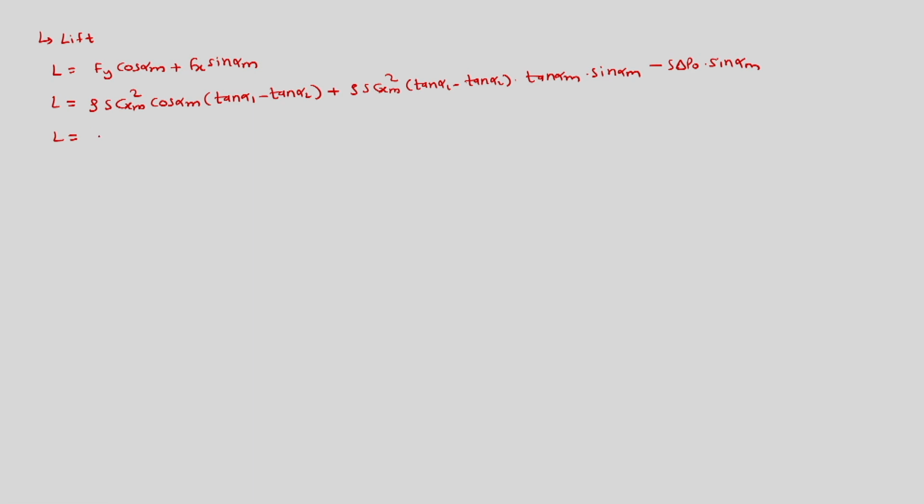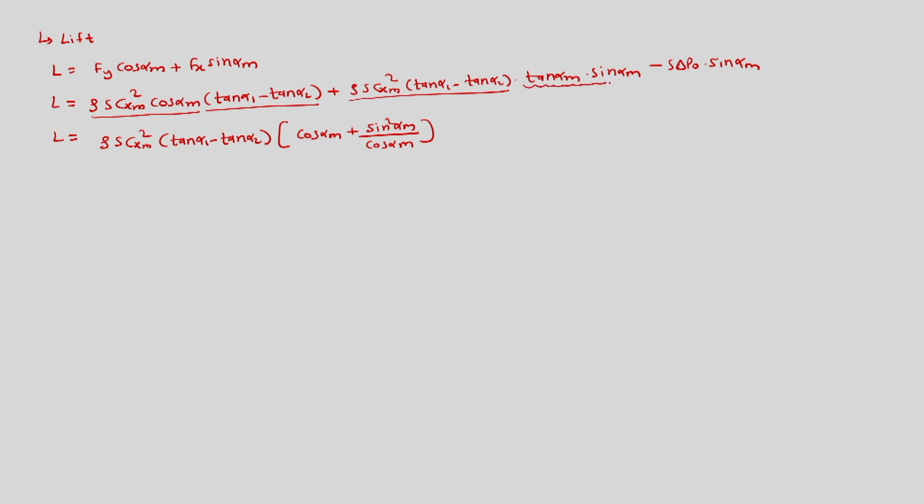So, L is equal to, we can take this common from both the terms, and then we can write down rho s Cxm square into tan alpha 1 minus tan alpha 2, then we will have cos alpha m plus sin square alpha m divided by cos alpha m.